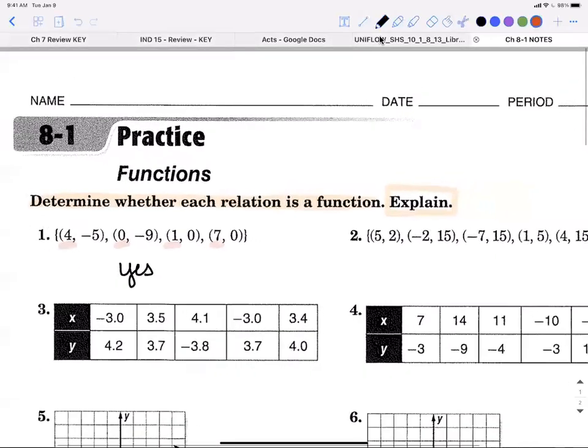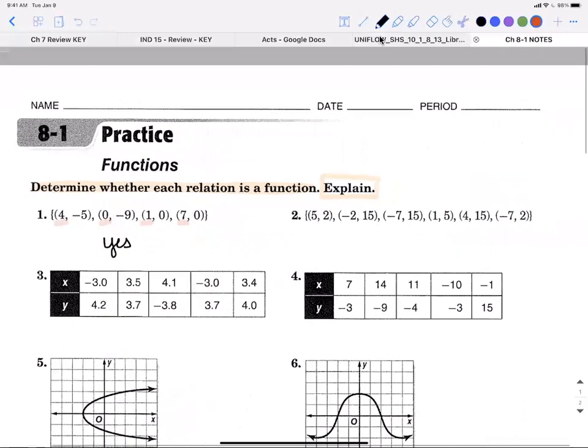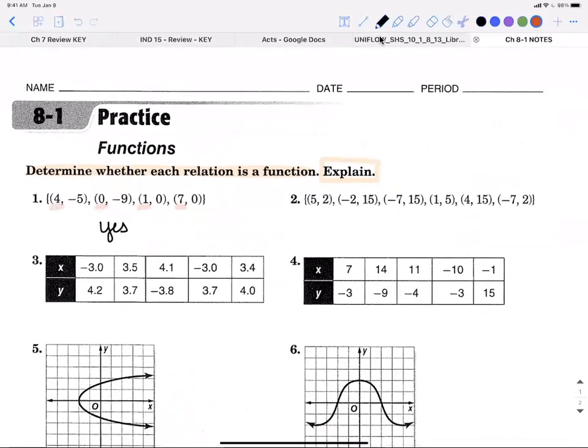No explanation needed for yes. So a couple things I want you to write on your paper as just some helpful hints as you're doing your homework. One is explanation, put only if no. You only have to explain if your answer is no. If your answer is yes, you do not need to write out a big lengthy explanation.